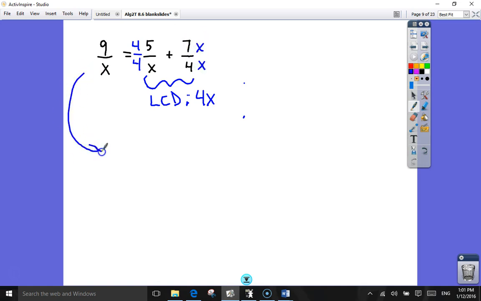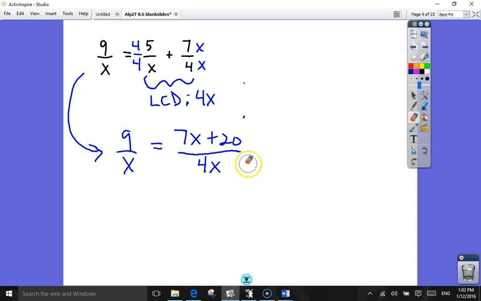So now here's my new equation. 9 over x equals 20 plus 7x, I'll call it 7x plus 20 over 4x. And now we have a proportion, so you can cross multiply.